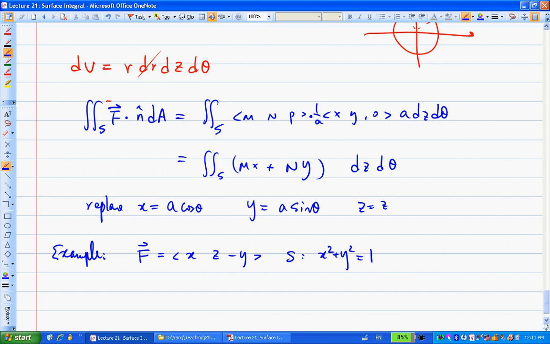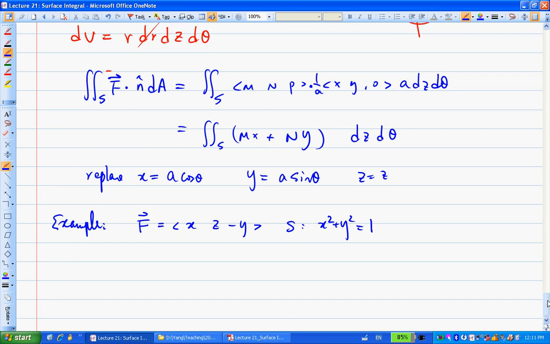All right, so here is F, here's S, and the z between 0 and 1. And what will be the surface integral?